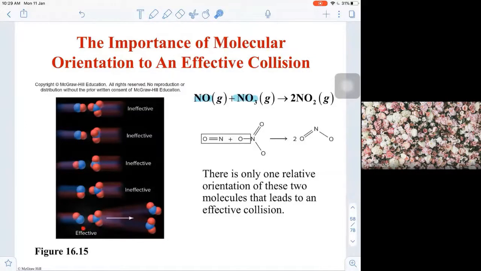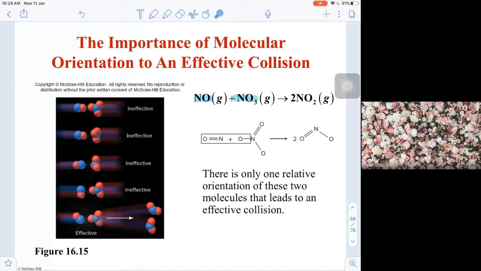Only the last set, when the nitrogen collides with this oxygen at this orientation in space, then it forms two nitrogen dioxide products. This is what we said, that the collision must occur with the correct molecular orientation. Orientation is important. If the orientation is wrong, then it cannot react. The position of the molecules in space.